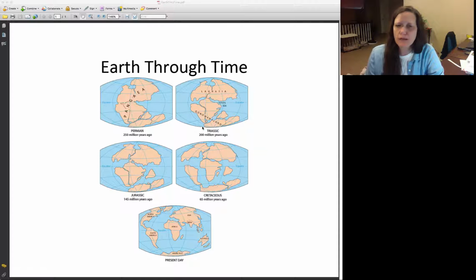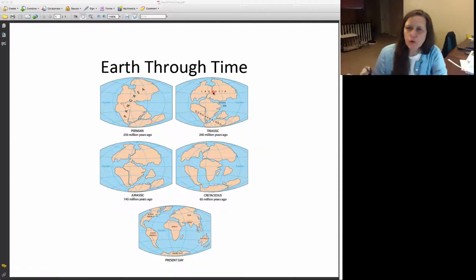It started breaking up about 200 million years ago, and in the northern hemisphere, it was Laurasia. In the southern hemisphere was Gondwanaland. This just kept breaking up over and over until what we have today. Over 200 million years, we went from 2 Earth masses to what we have.